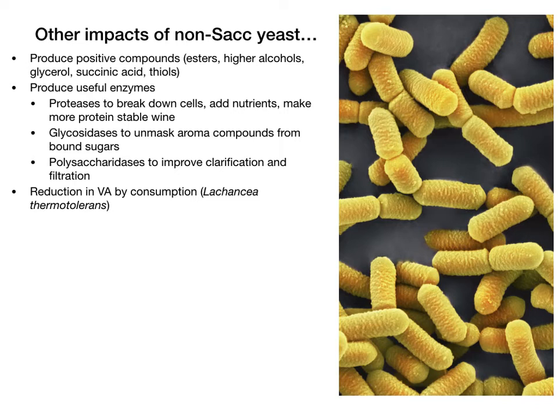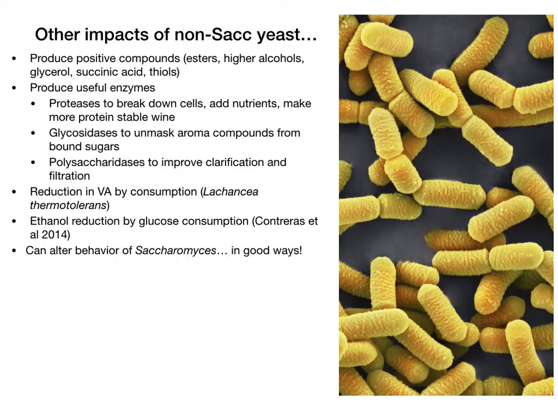There are some of them that have been shown to actually consume acetic acid, which can reduce volatile acidity. Some have been shown to consume glucose and produce products other than alcohol, which helps in lower alcohol wines, or when we have really high Brix musts that we don't want to turn into a really high alcohol wine. And then the other thing is that they can influence the behavior of the microbes around them, including Saccharomyces.